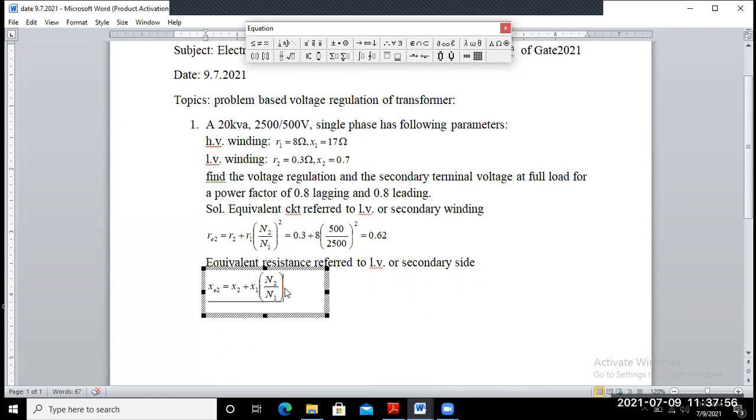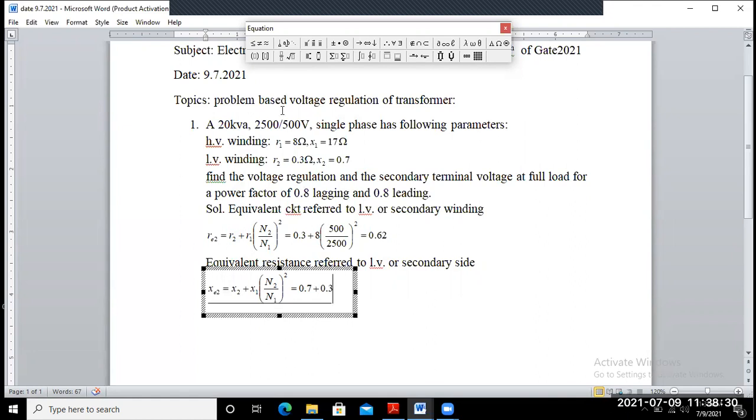Whole square. So just put here the value of X2, X1 and N1, N2. So X2 equal to 0.7 ohm plus X1 equal to 0.3 into N2 by N1 equal to 1 by 5.